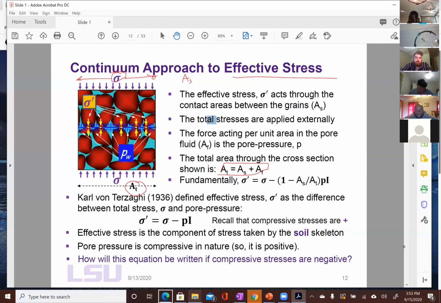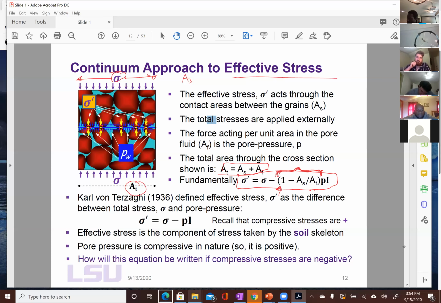And effective stress could be written out fundamentally in this manner. This is not the way we use it. This is within the context of AT and AS and AF, right? All we have done is to add some scaling factor right here.